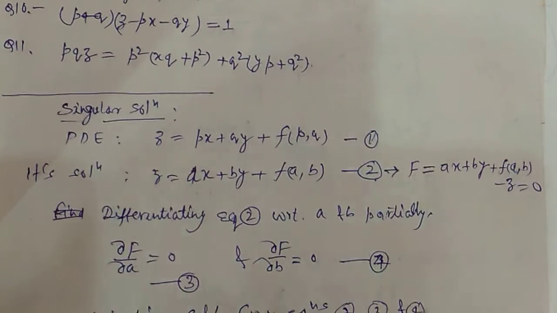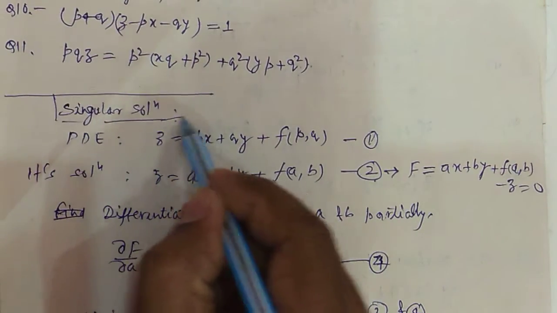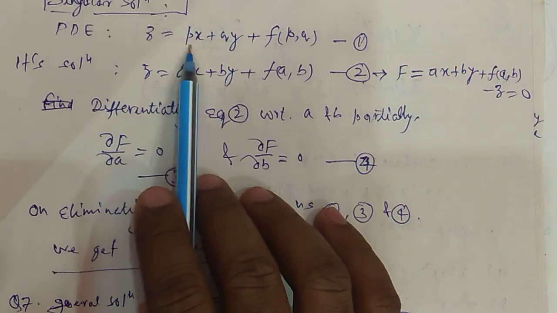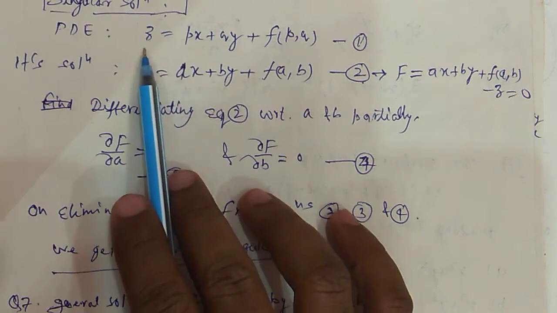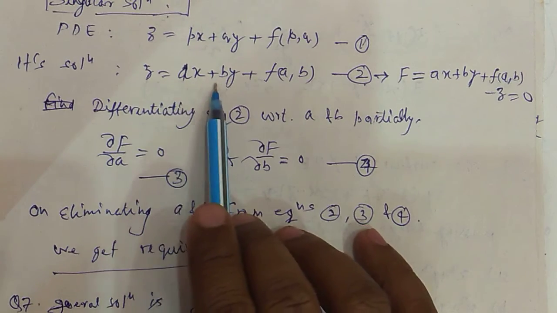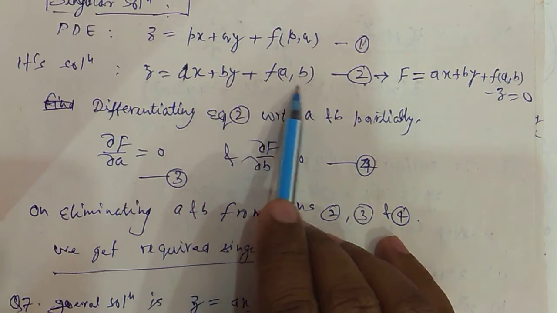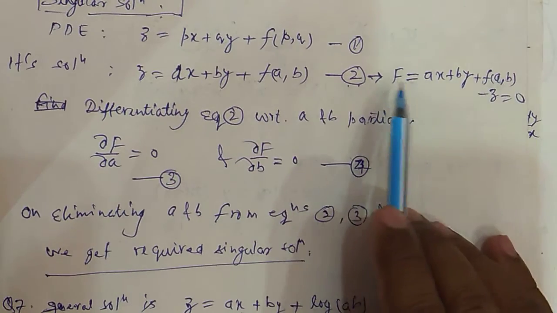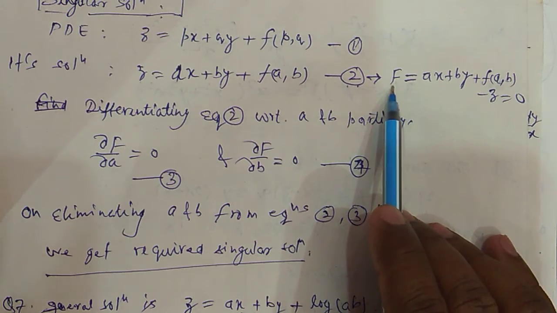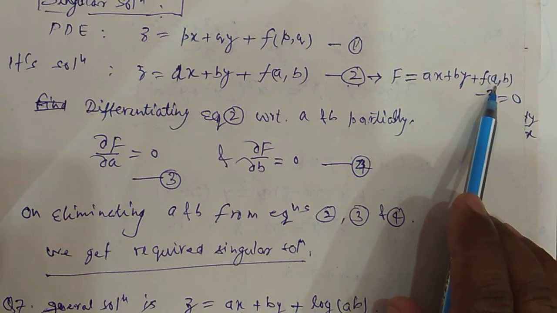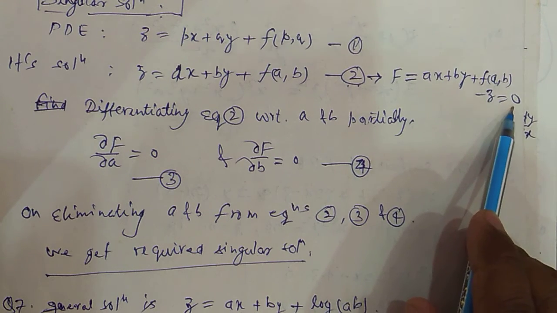Now we solve singular solutions. Singular solutions of a partial differential equation for Clairaut's form. If the Clairaut's form has its solution z equal to ax plus by plus a function of (a, b), equation 2, then equation 2 can be written as a new function capital F equal to ax plus by plus f(a, b) minus z equal to 0.